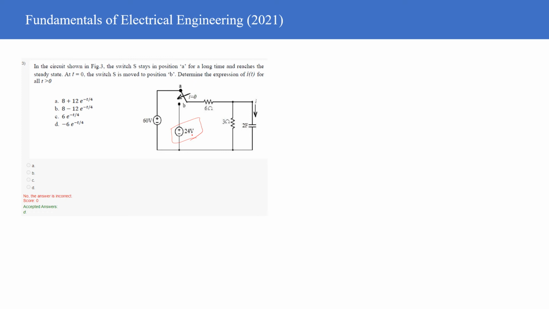So if the switch is in position A for a long period of time, for time t less than 0, what is the potential of the capacitance at this point? You can easily find it out because the capacitance will start behaving as an open circuit and it will have some fixed voltage across it, as was discussed in the previous question.